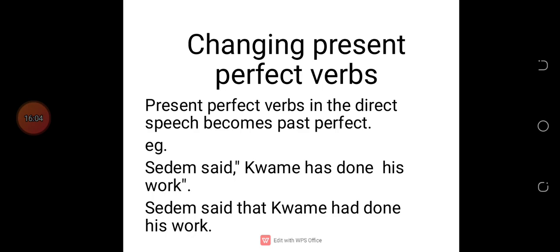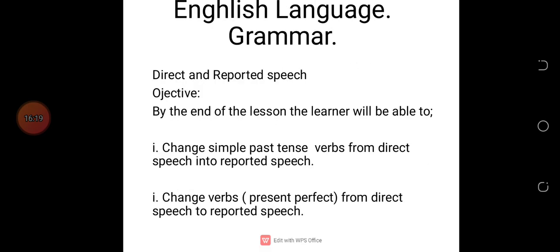Very good. I believe going through the examples we have deduced the meaning of our objectives for the day. So we have just looked at how to change a sentence from direct to indirect speech, looking at the verbs in the simple past tense and the verbs in the present perfect tense.